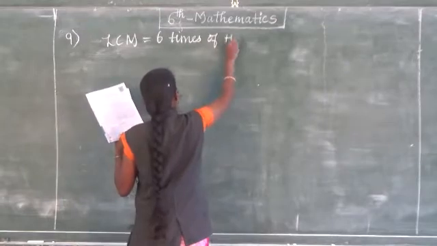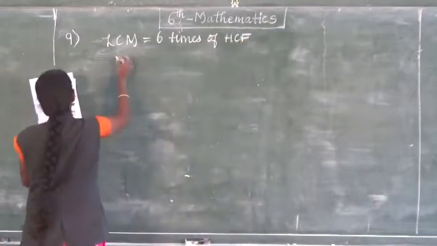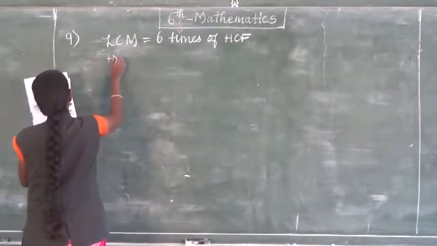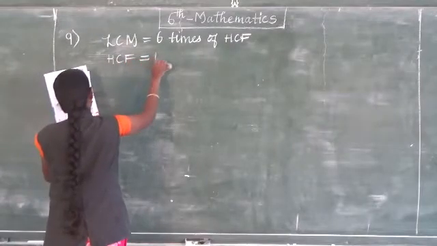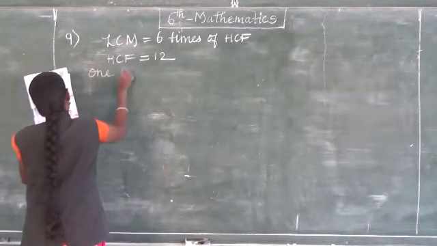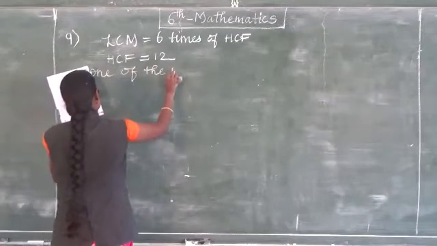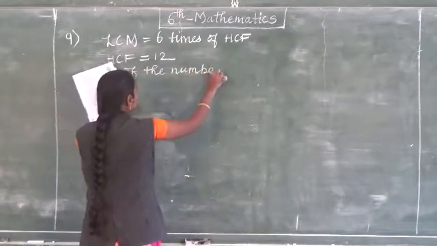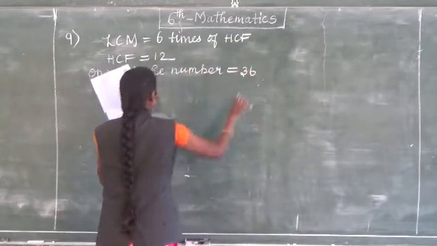It is given. Then the HCF is 12, and one of the numbers is 36. Find the other number.